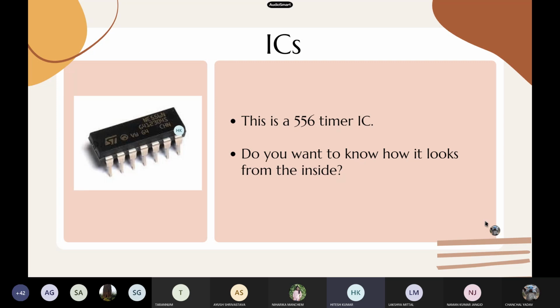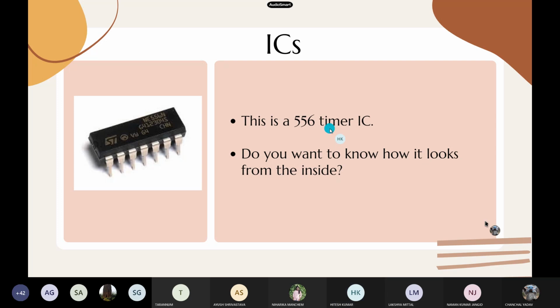There are so many ICs present in the electronics domain, so to identify the task of each IC and differentiate them from other ICs, numbers are given to each IC. We can identify the task of each IC with this number. This IC number is 556, so this is a dual timer IC that is used in some basic circuits.